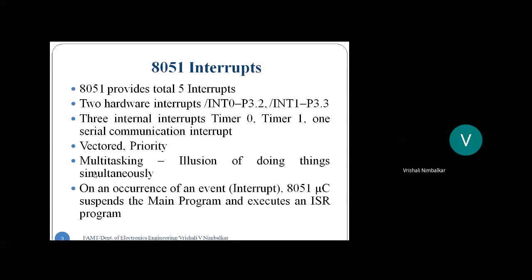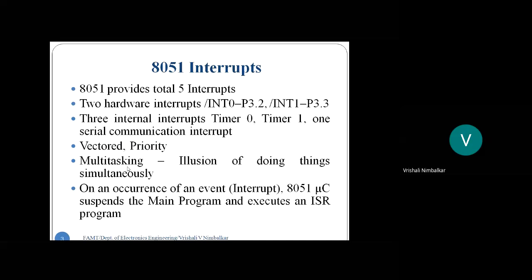So one after the other, the things happen so fast that for us it appears all the things are looked after by the microcontroller at the same time. So multitasking is actually an illusion of doing things simultaneously. Hope you get me. But multiple operations can be handled by interrupts. The more the interrupts to a particular microcontroller, the more multitasking it is possible to do with the help of that microcontroller, right?